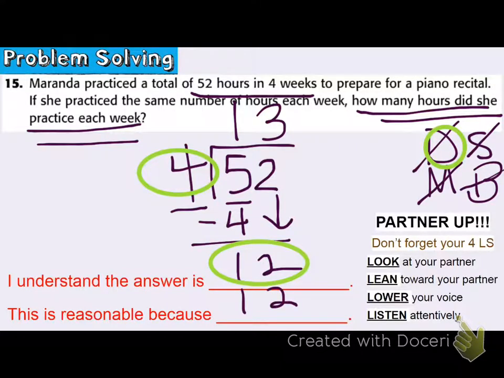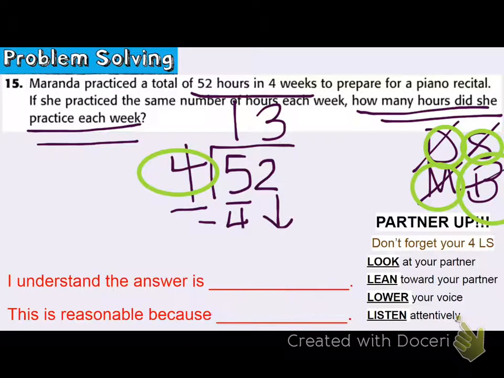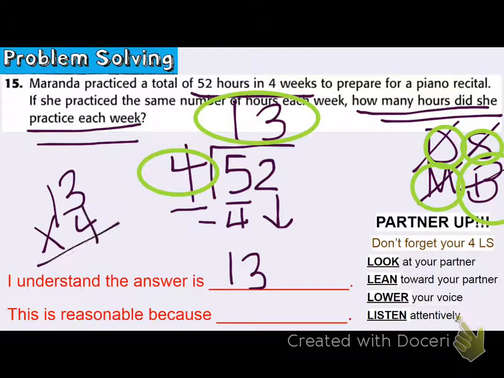I can go ahead and subtract because I know 4 times 3 is 12. There's nothing left to bring down, so I believe I have my quotient. I understand the answer is Miranda practiced each week. She practiced 13 hours each week. I know it's reasonable because 13 times the 4 weeks does give me her total 52 hours.